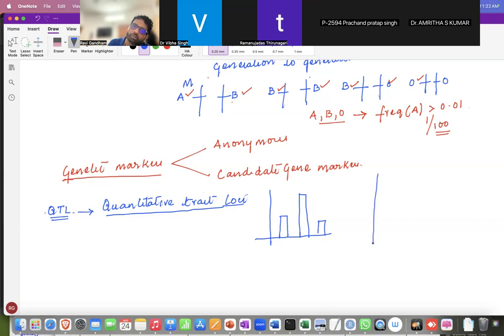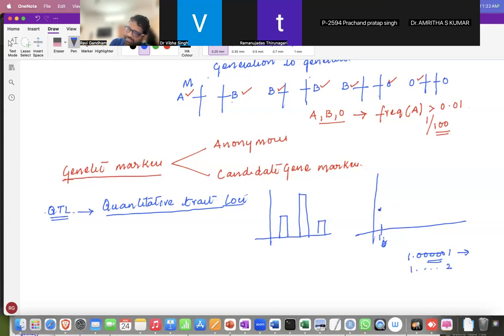Whereas when you are talking about quantitative traits, you may have, let us say, a quantity like 1 kg of milk. And then you have 10 individuals producing 1 kg of milk. Then you may have 1.00000001 kg of milk being produced by some other set of individuals, and similarly 1.00002.